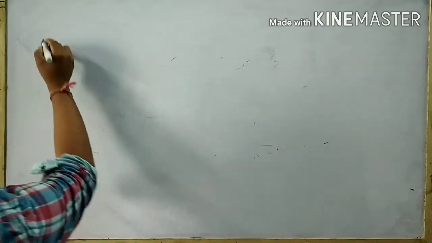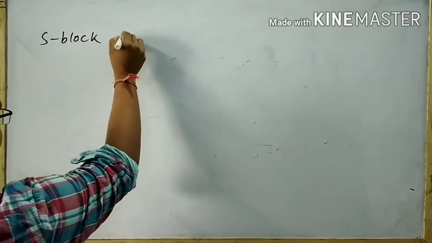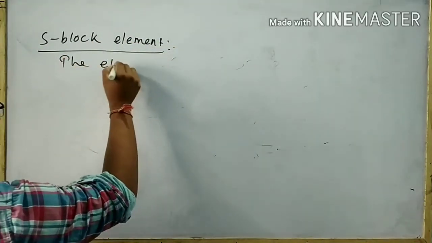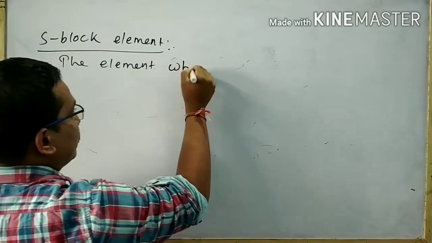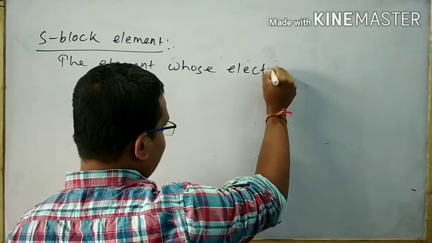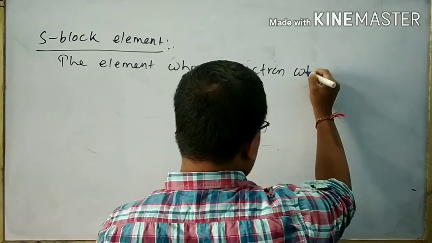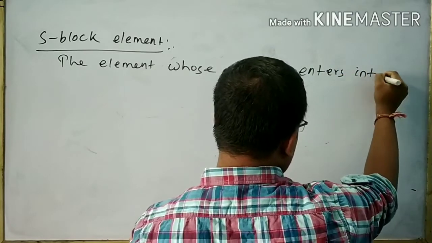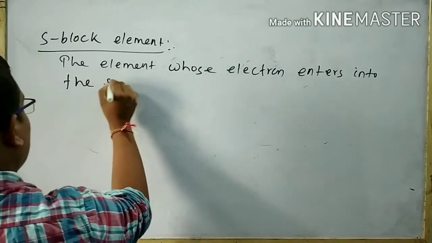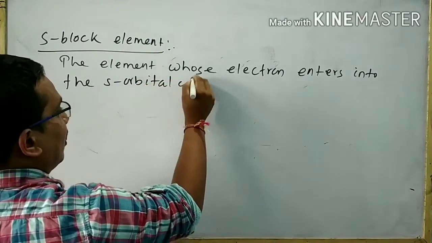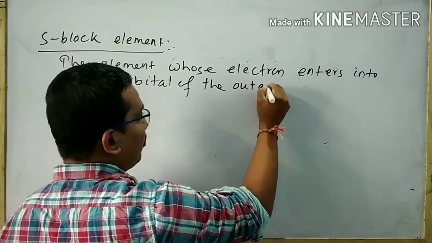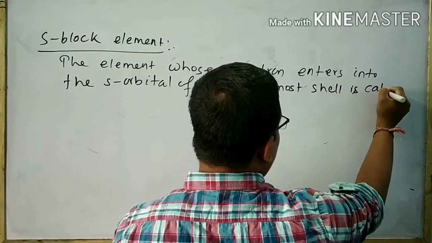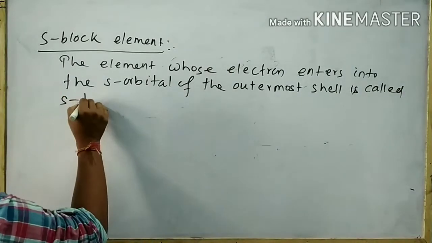Now I will explain the S block element. The element whose last electron enters into the S orbital of the outermost shell is called S block element.